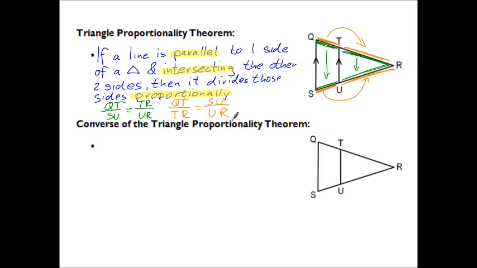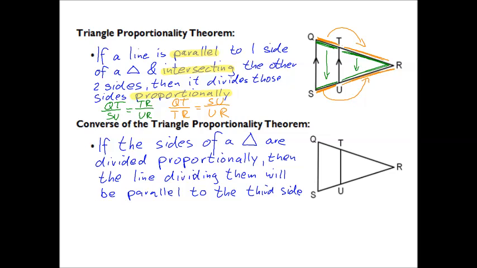There's also a converse of the triangle proportionality theorem, and just like converses always, they flip the order of the two parts of a statement. And the converse of the triangle proportionality theorem states, if the sides of a triangle are divided proportionally, then the line dividing them will be parallel to the third side of that triangle.